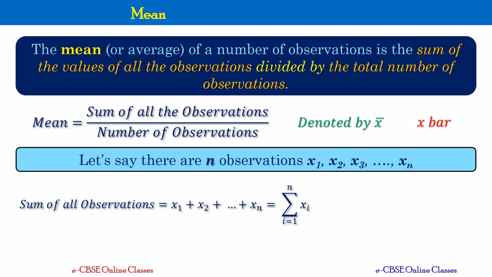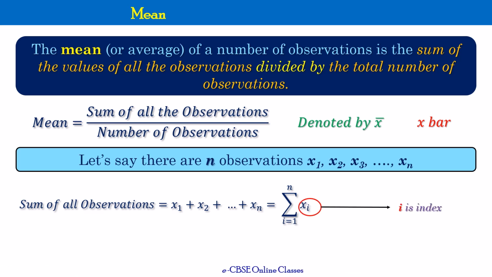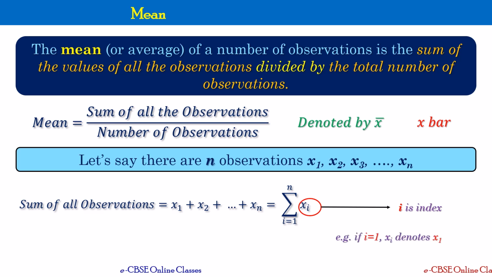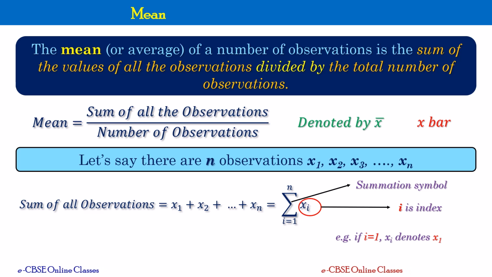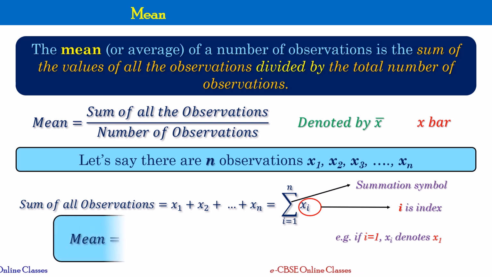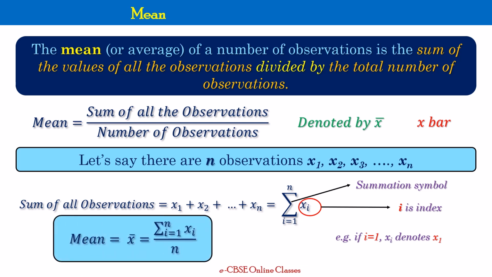In the short notation, it is written as sigma xi, where i is running from 1 to n. Here i is nothing but the index. For example, when i is equal to 1, xi denotes x1 and the sigma symbol is for summation. So the formula for mean is x bar is equal to summation of xi divided by n.